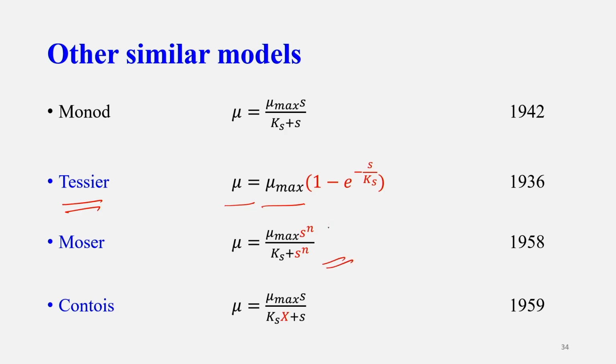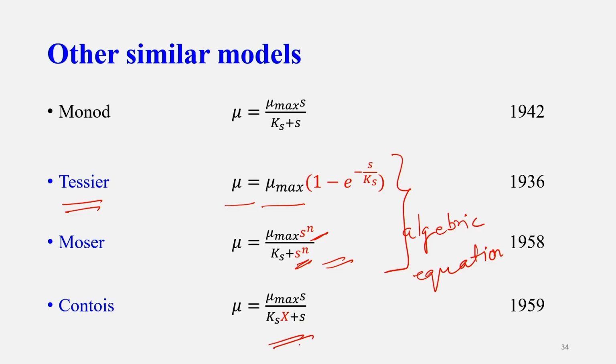It is kind of a Hill model. It is s to the power n upon Ks plus s to the power n. So, these two are algebraic equations, and they render algebraic solutions for the growth equations.